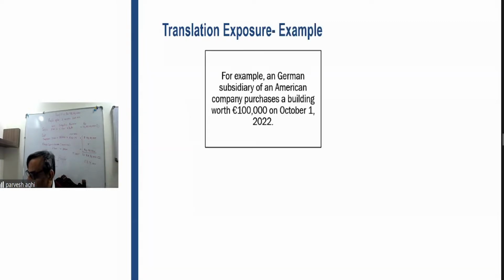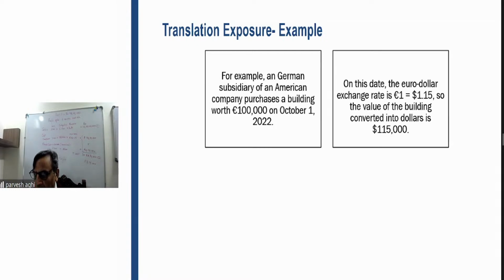So let's take another example. A German subsidiary of an American company. The American company is a holding company and the German company is a subsidiary. It purchases a building worth 1 lakh euros on October 1st, 2022. On this date, the euro dollar exchange rate was 1 euro equal to $1.15.